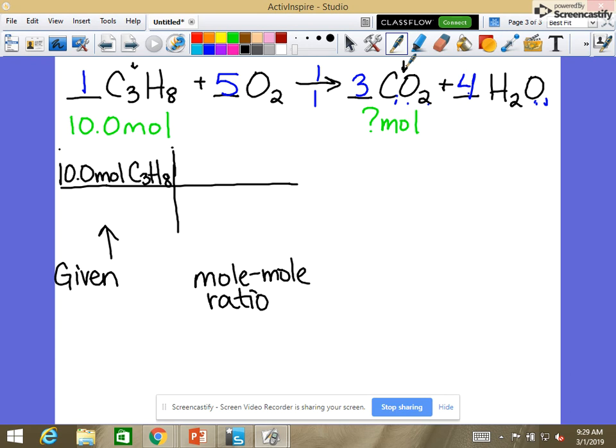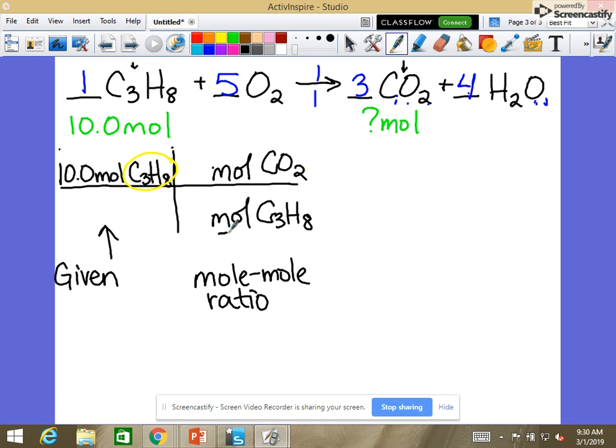If I have my C3H8 up top here, that means if I want to cancel it out, which I do because I'm trying to get into moles of CO2, I need to make sure that I have C3H8 on the bottom. I'm going to go ahead and put moles. And my other moles I'm trying to convert to is moles of CO2. The next step is to fill in my numbers for my mole-to-mole ratio, which I just get from my coefficients.